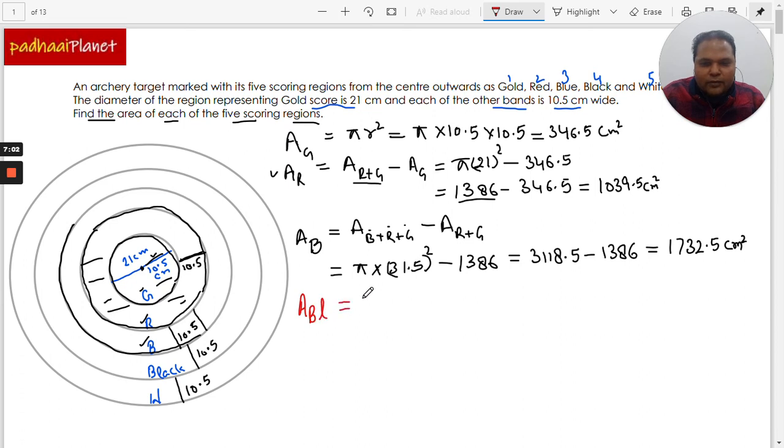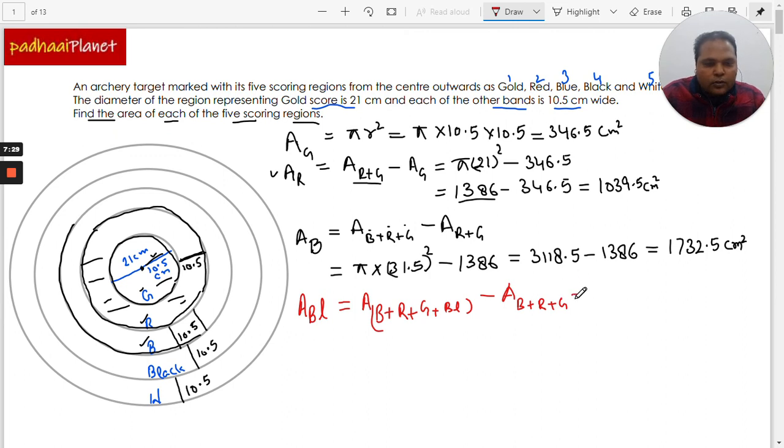So area of the black part is equal to area of B plus R plus G and plus black region, right? This whole area minus the area of blue region plus R, that's red region, and green region. So this is gold region, sorry.